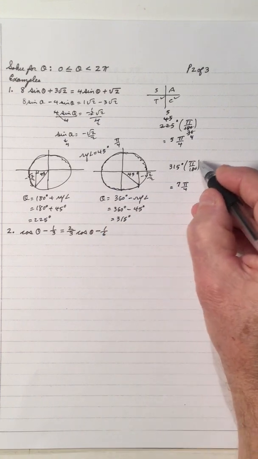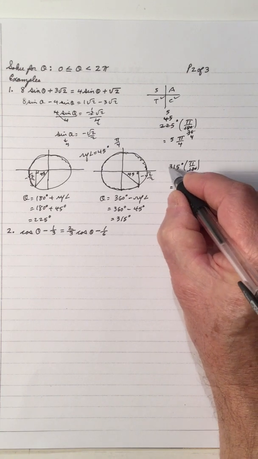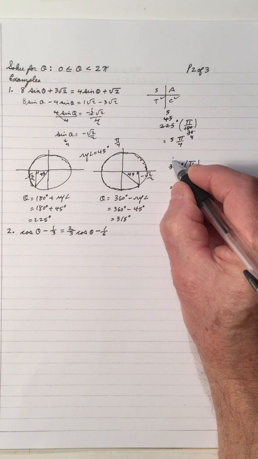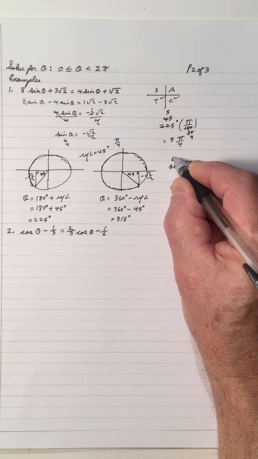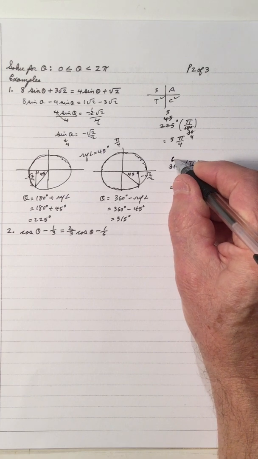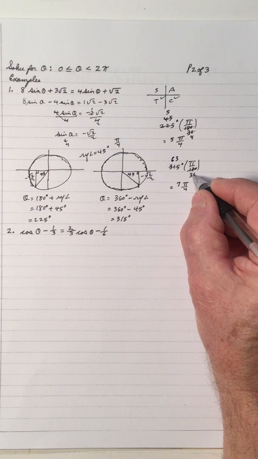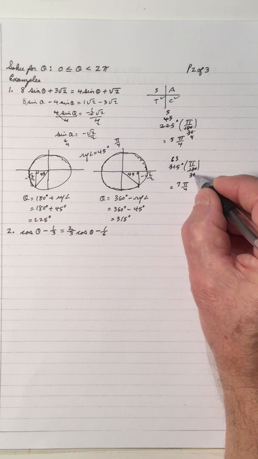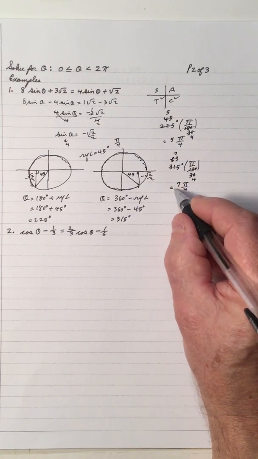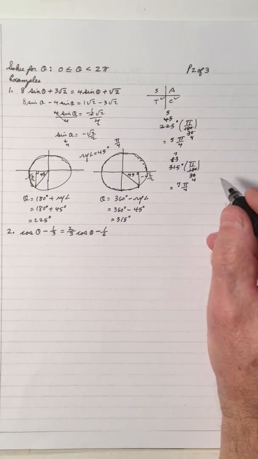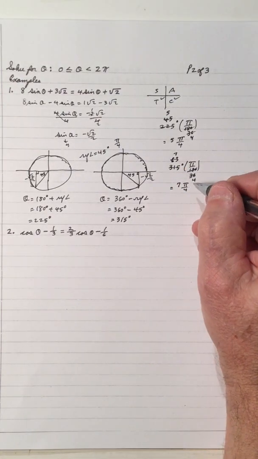But let's do it by reducing. 5 into 180 goes 36. 5 into 315 goes 63, and 9 into that goes 7 times, since 7 nines are 63, so 7 pi over 4 when you reduce it right down. So the answers are 5 pi over 4 and 7 pi over 4.